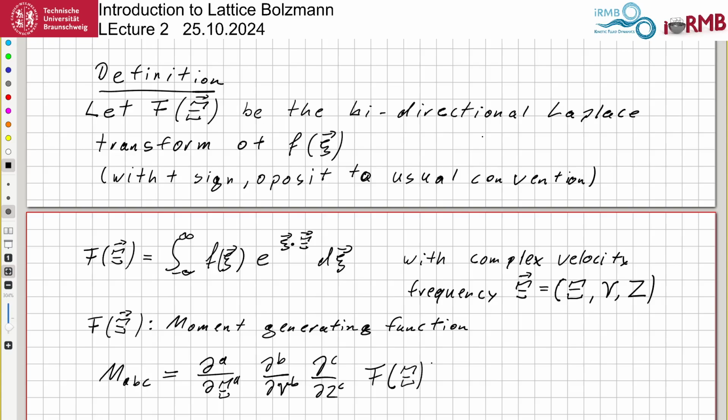And after taking the derivative, we evaluate this at the velocity frequency of 0. So this is, if you will, the development point. Zero frequency is the development point.